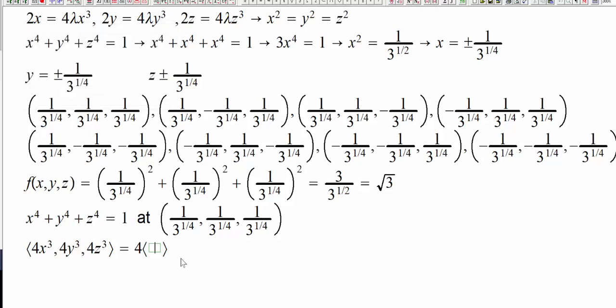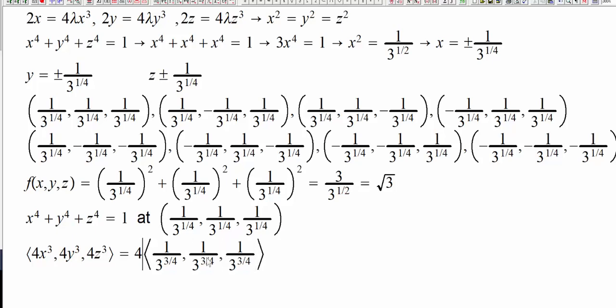And so by the cubes, what we mean is this to the power 3/4, and the same thing all over. All right. So what we got is that this is a normal vector at this point, right?